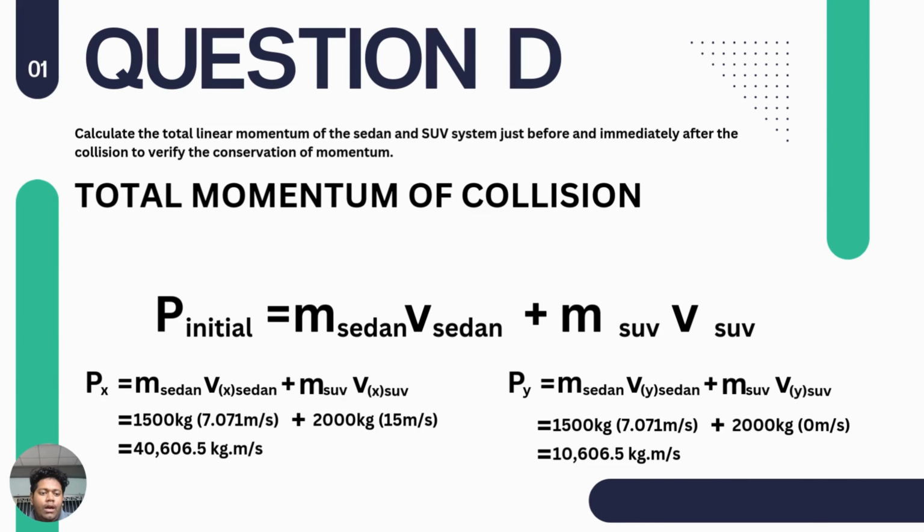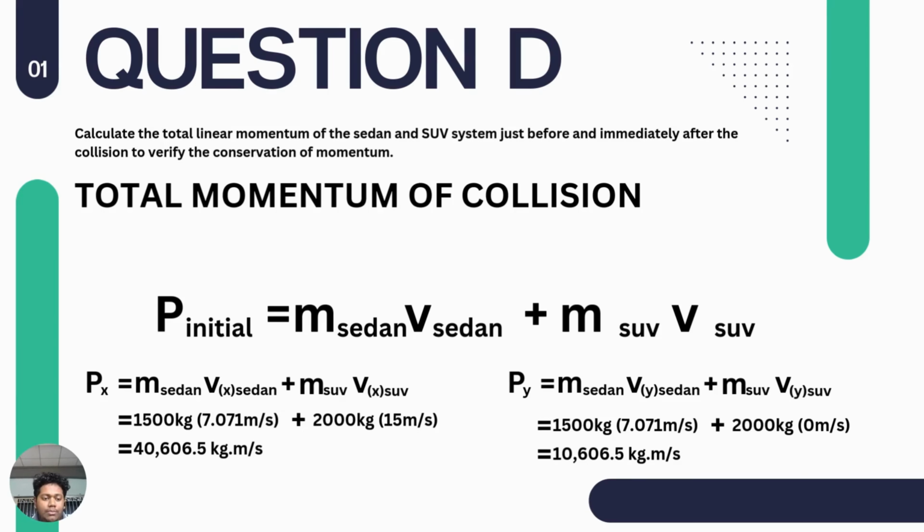Question D: calculate the total linear momentum of the sedan and SUV system just before and immediately after the collision to verify the conservation of momentum. So we have to find the total momentum of the collision. First we find the initial momentum, which equals the product of the mass of the sedan and velocity of the sedan, plus the product of the mass of the SUV and velocity of the SUV.